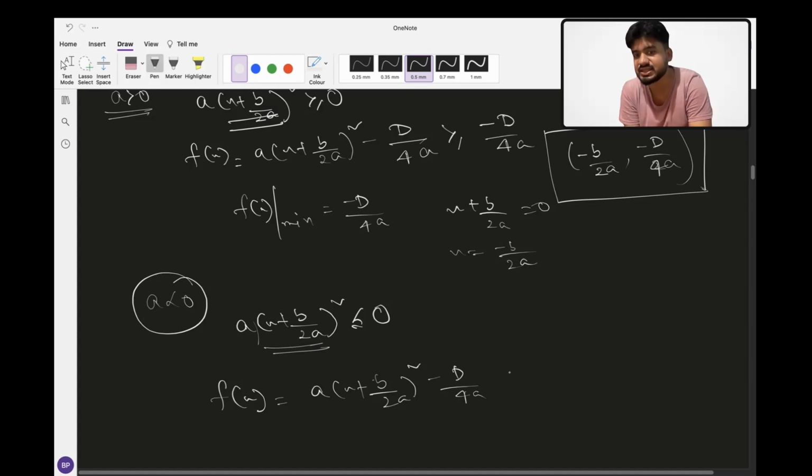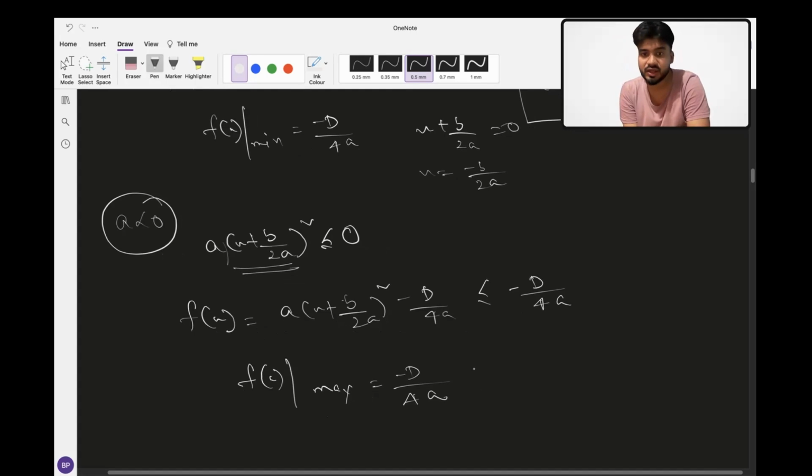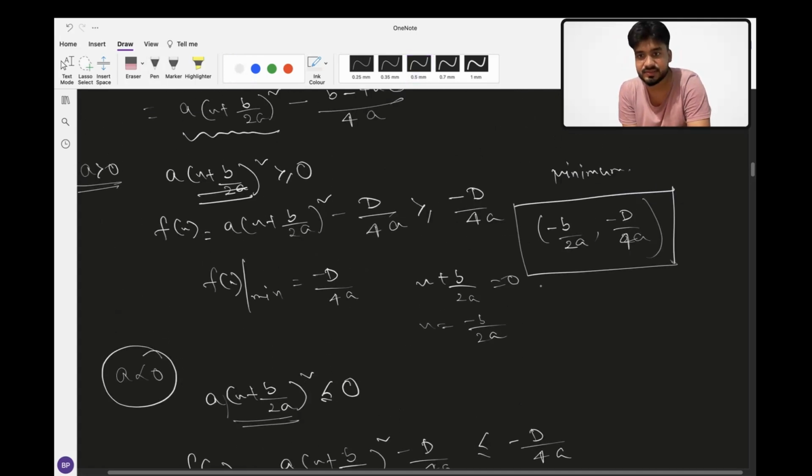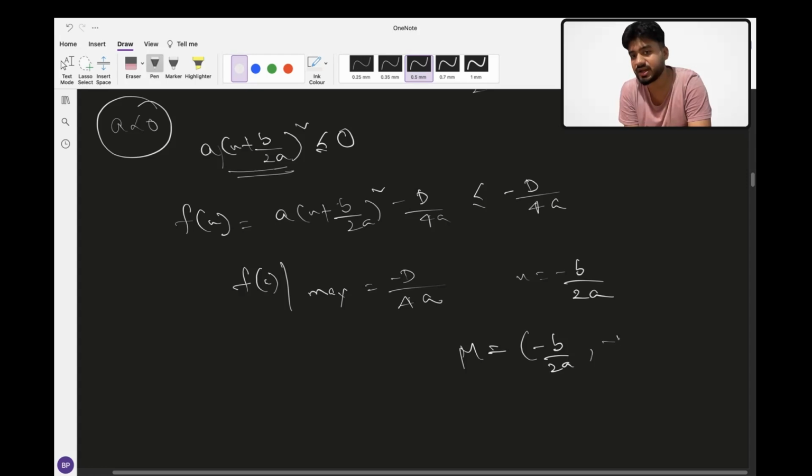Since a is less than 0, this will be less than or equal to minus D by 4a. So the maximum value of this is minus D by 4a. And the maximum value will occur at the point x equals minus b by 2a. So here the max value occurs at the point minus b by 2a comma minus D by 4a.